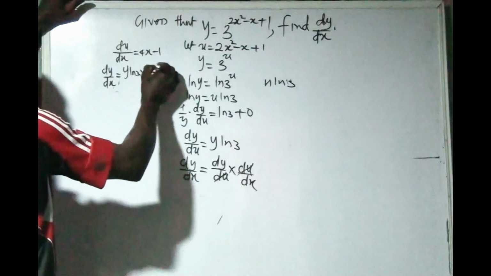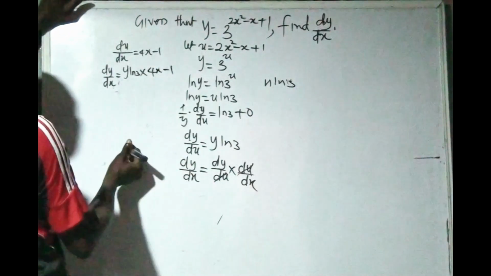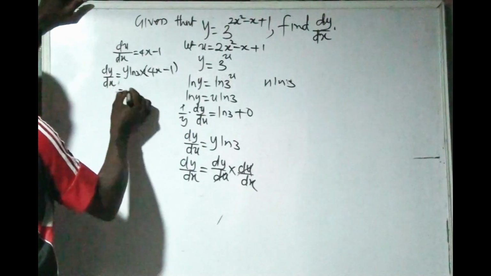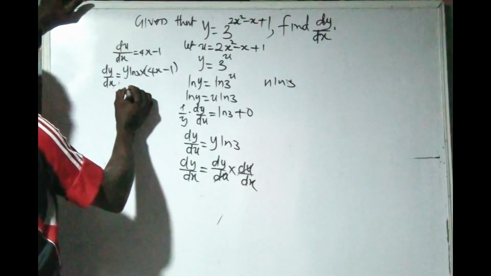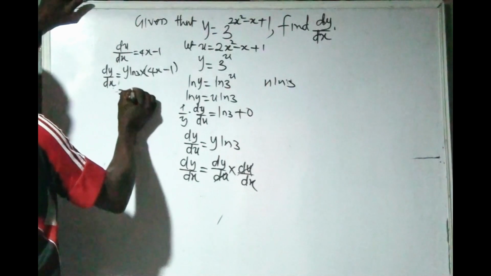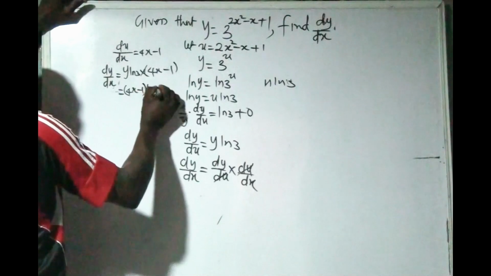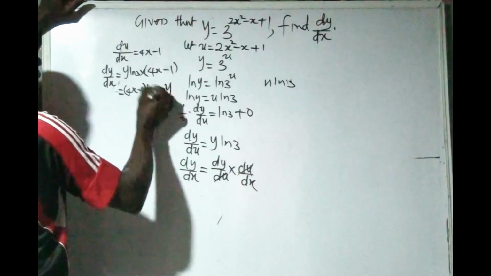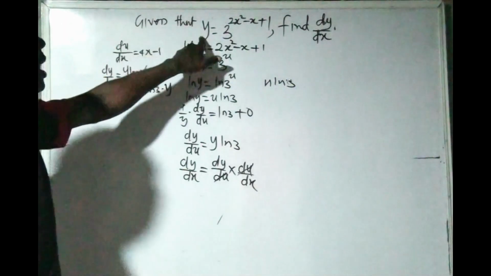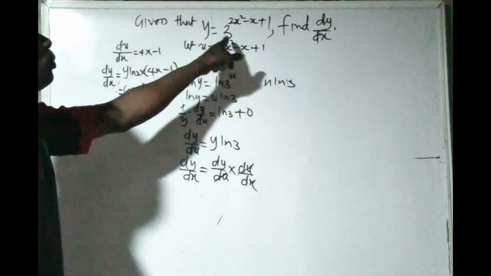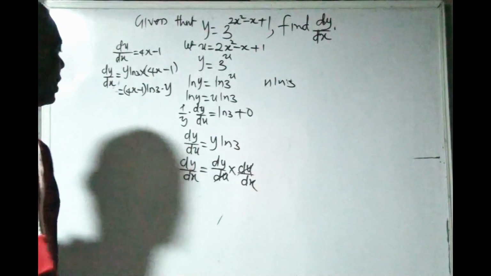So let's quickly do this. Let's move this one out. This becomes 4x minus 1, ln 3 times y. That's y, but we know what y means. So if we go back to the function, then y is simply this.